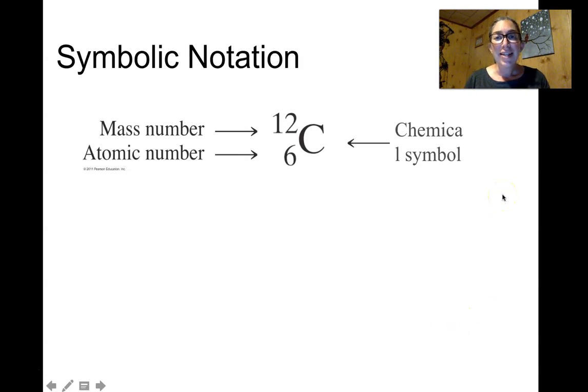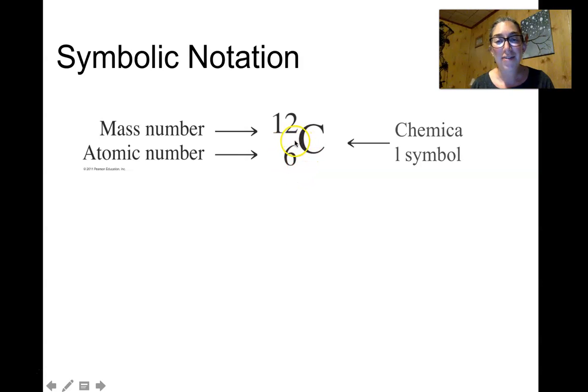So we can indicate all of this information about an atom using this nifty notation called symbolic notation, where we write the chemical symbol of the element from the periodic table, and then the mass number is a superscript on the top left, and the atomic number, or number of protons, is written on the bottom left as a subscript.